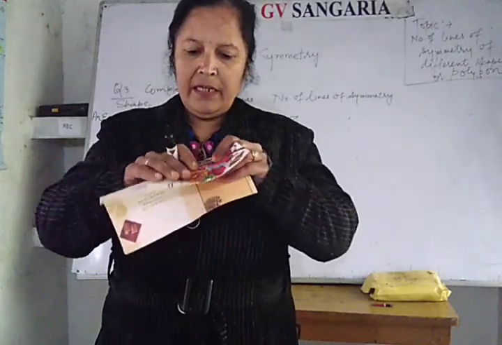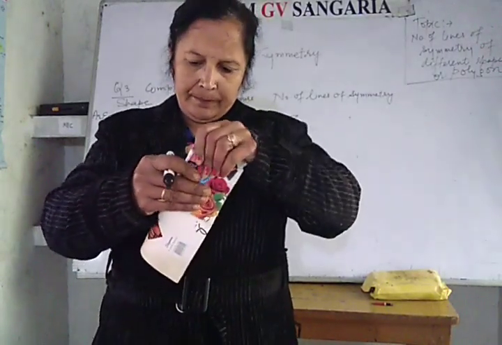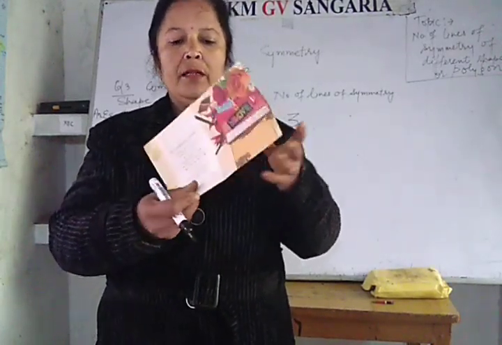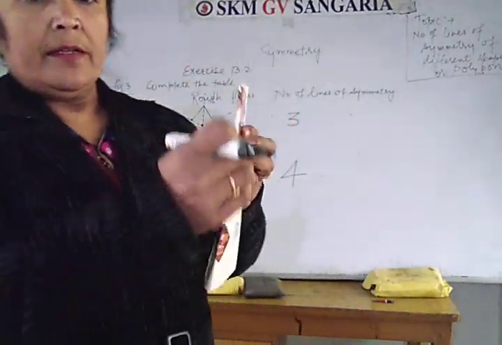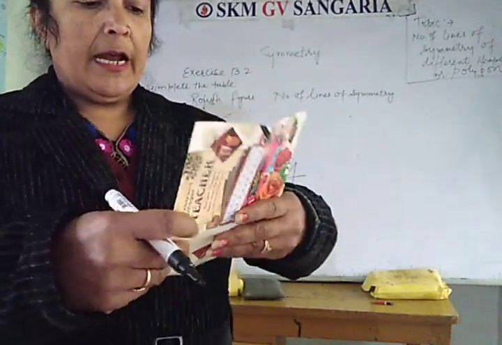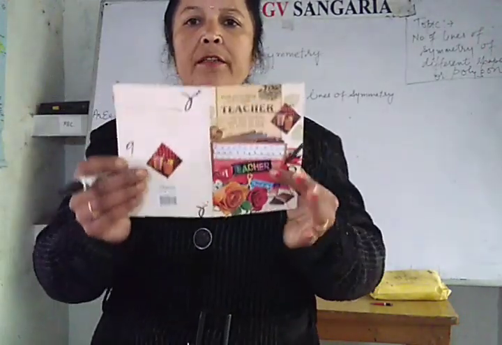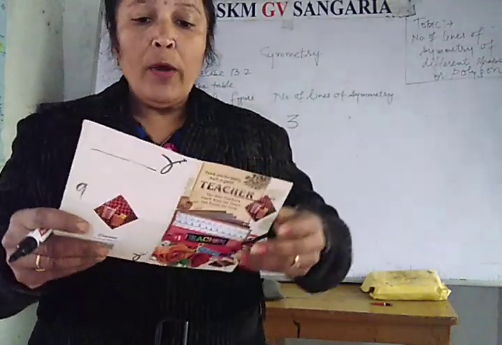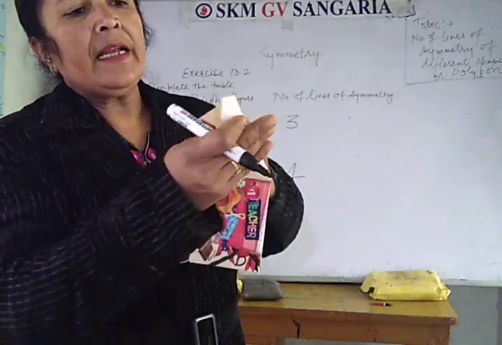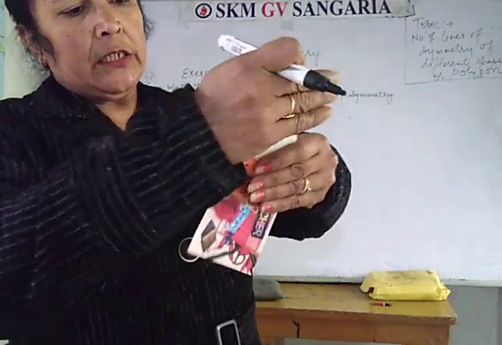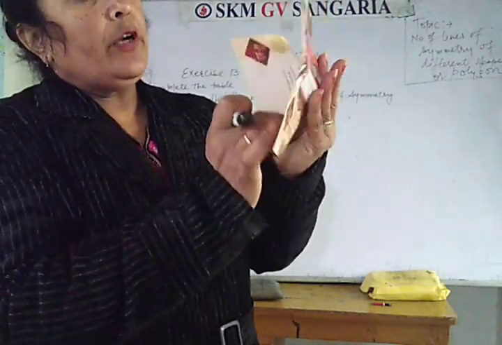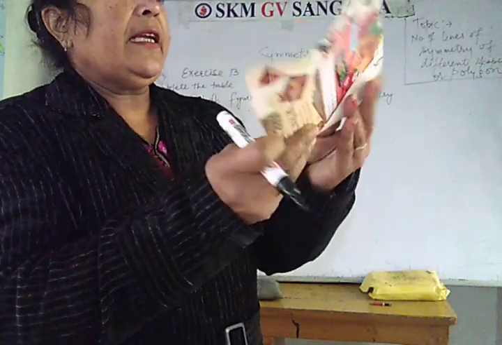When it is folded in this way, it is divided into 2 equal parts. This crease, or you can say line of symmetry, is dividing this card into 2 equal parts. And if you fold in this way vertically, then it is also dividing this card into 2 equal parts.